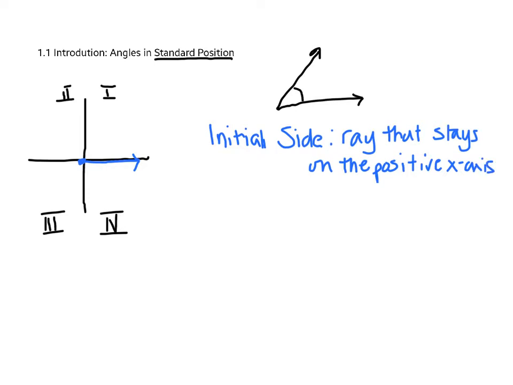It doesn't move. The side that does move, we call our terminal side. Terminal as in terminating, it ends, it moves, then it stops. So this is the ray that rotates through space.